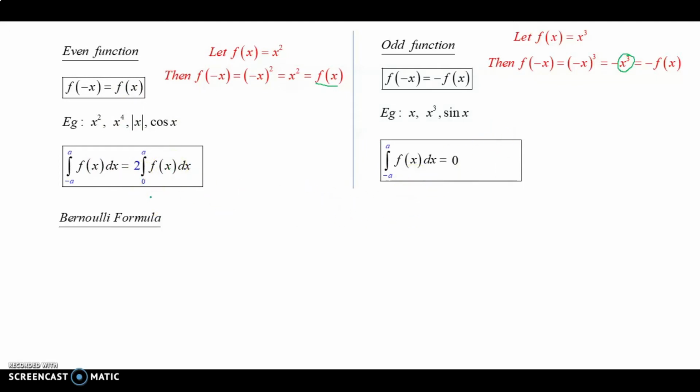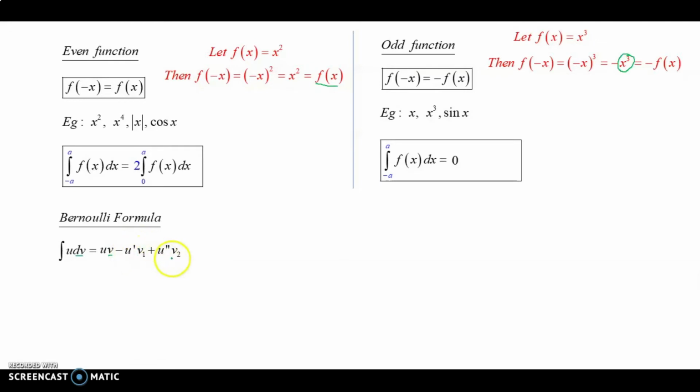Next, Bernoulli formula. Integration of u dv equals uv, where v is nothing but the integration of dv, alternate sign minus. Next, differentiate u, we get u dash. Integrate v, we get v1. Next, alternate sign plus. Differentiate u dash, again we get u double dash.